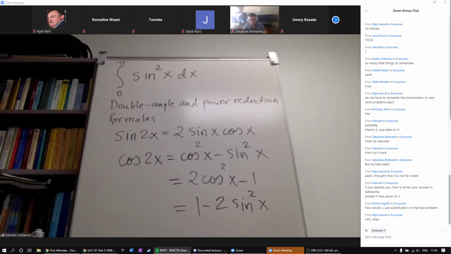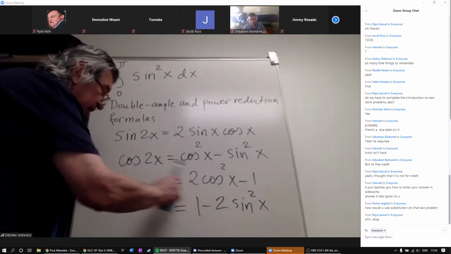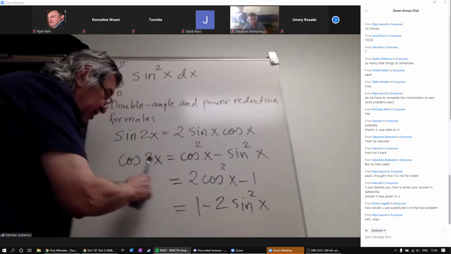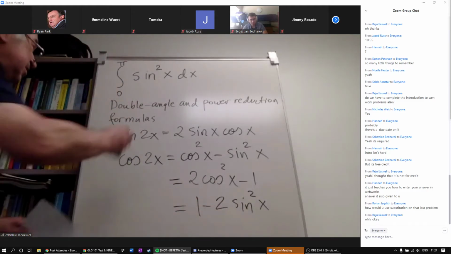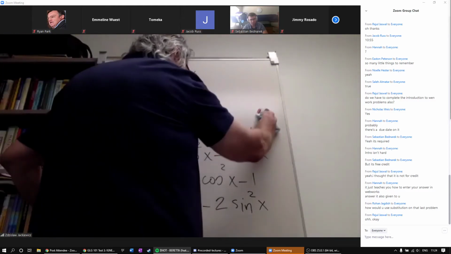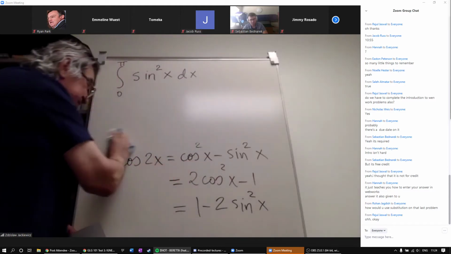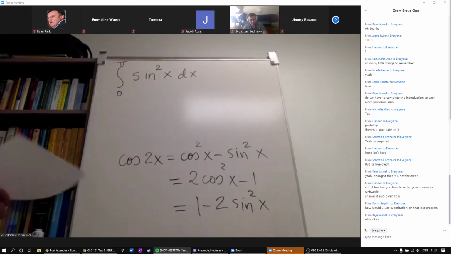Now, if you solve this equation for cosine squared x, or this equation for sine squared x, you get the following. Let's do this. I will solve this equation for cosine squared.